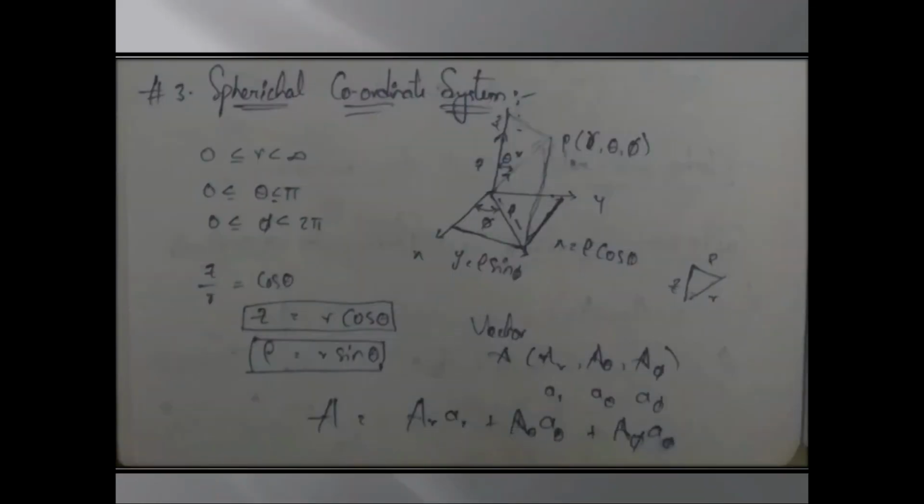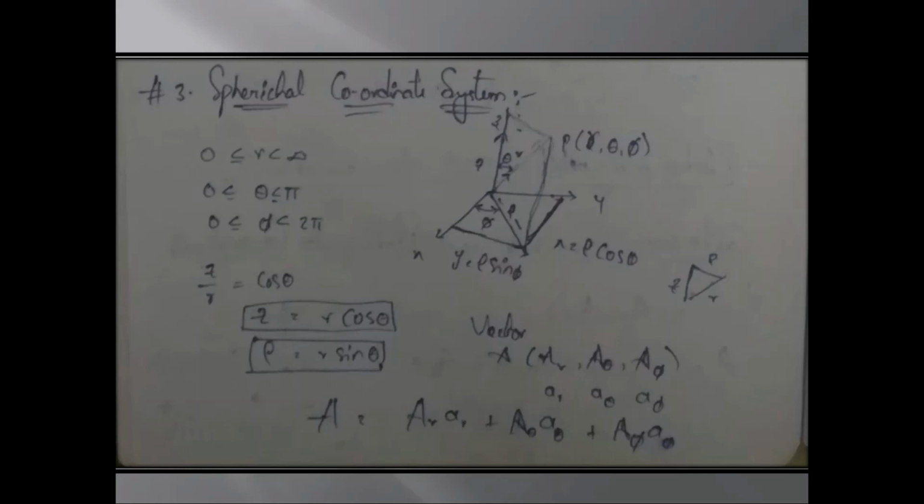Now coming to the spherical coordinate system. In this coordinate system, we see the cylindrical coordinate system coming in here. For the x and y plane, consider the same process which we considered for the cylindrical coordinate system.